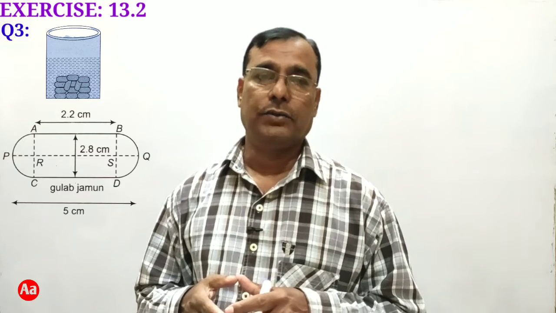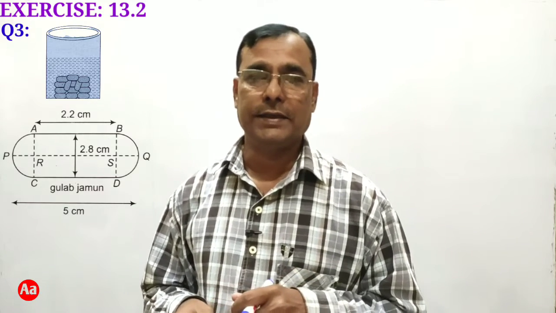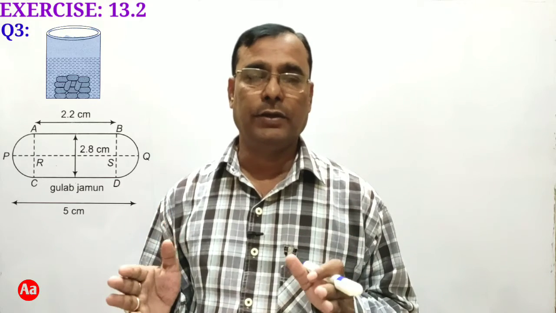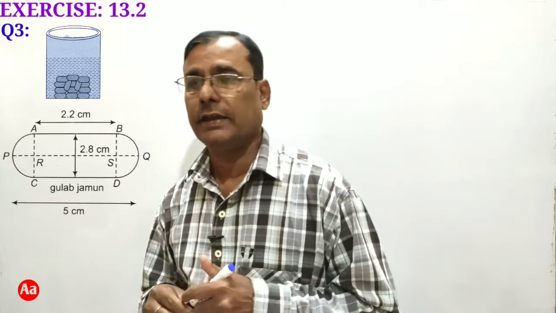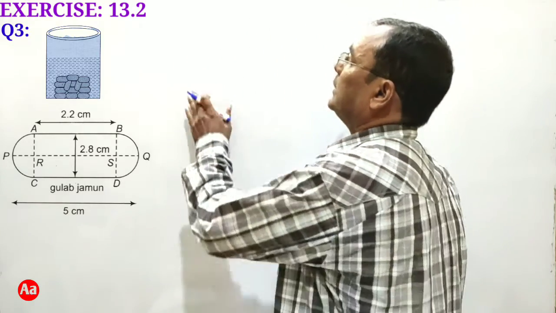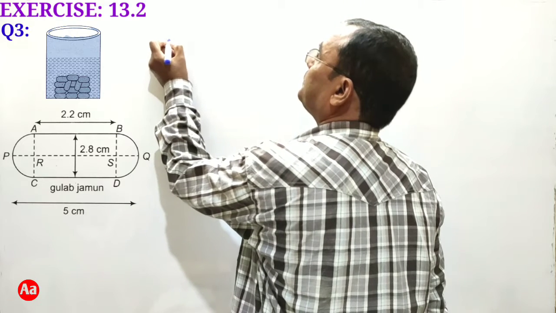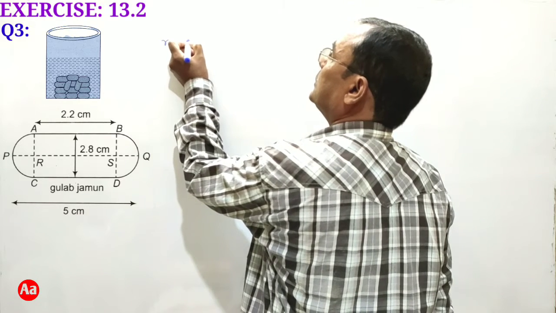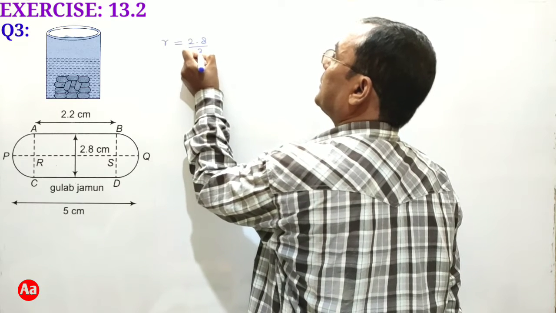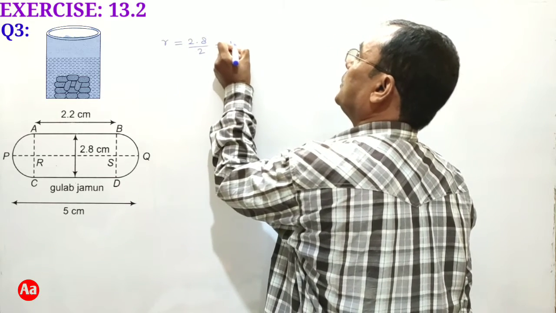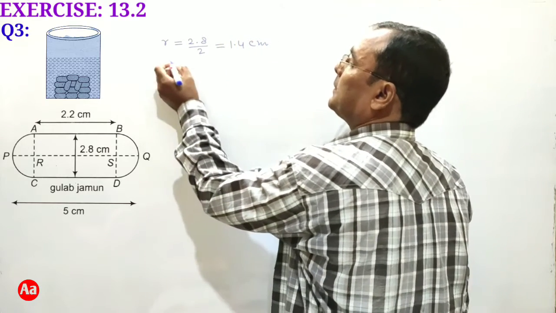Diameter of the gulab jamun is given 2.8 centimeter and the length of the gulab jamun is given 5 centimeter. So let's write radius of gulab jamun, that is 2.8 centimeter by 2, that is equal to 1.4 centimeter.